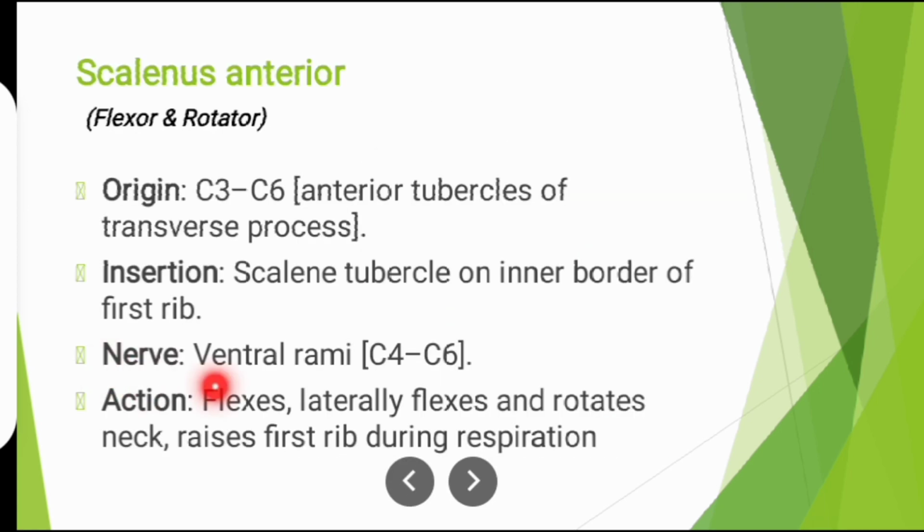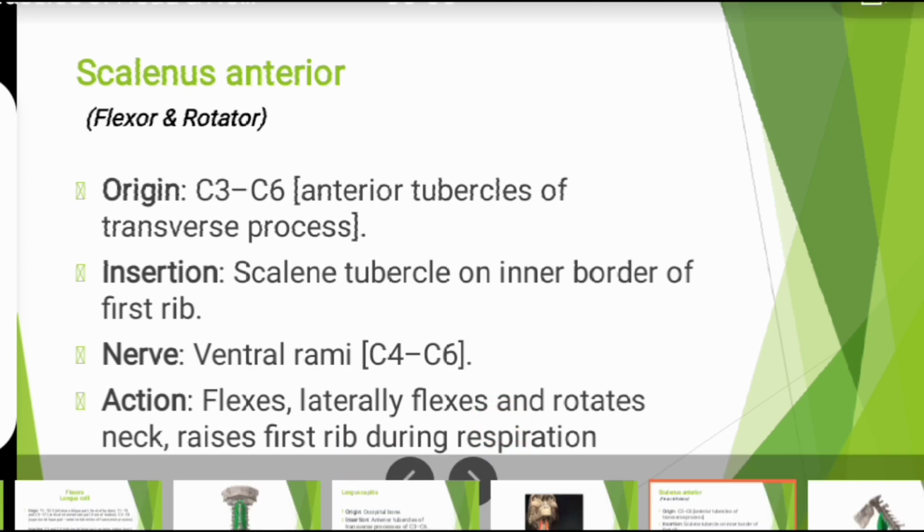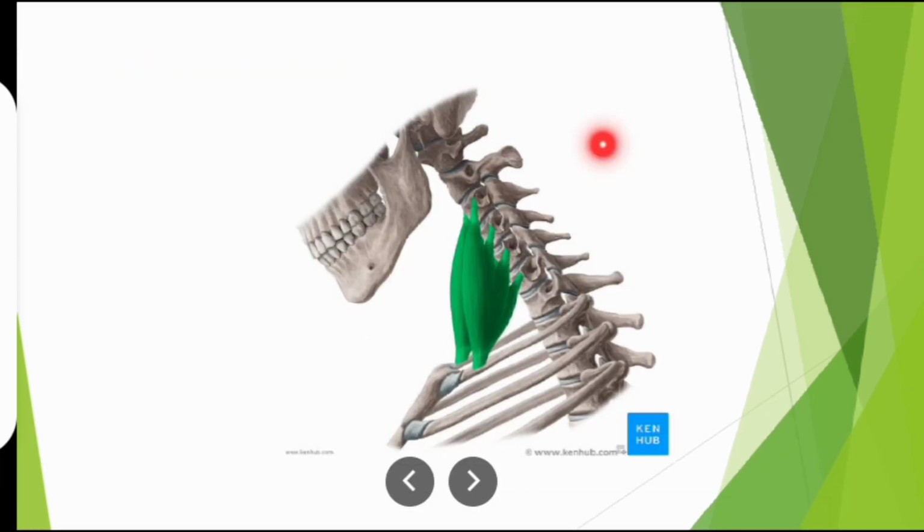Nerve supply ventral rami. Action involve in flexion, lateral flexion and rotation of neck and raises first rib during respiration. The muscle in green is Scalenus anterior muscle.